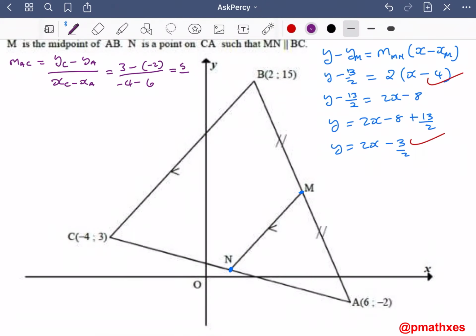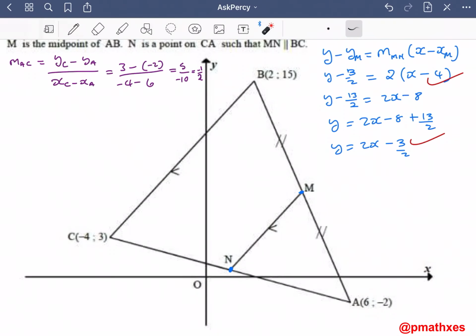And then -4 minus 6, that is -10. Now 5 divided by -10, we can write it as -1 over 2. So the gradient of AC is -1 over 2. It's half. All right, that's cool. And you know what is the gradient? Probably we need to know this.